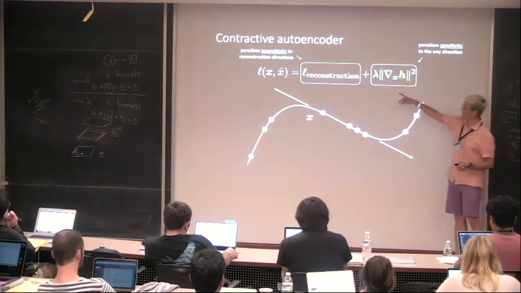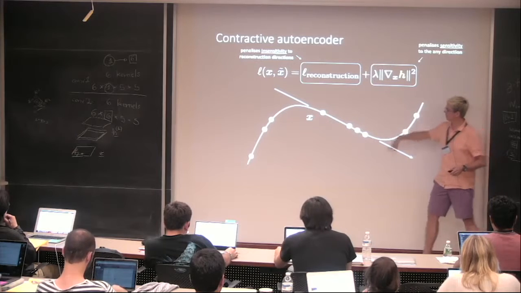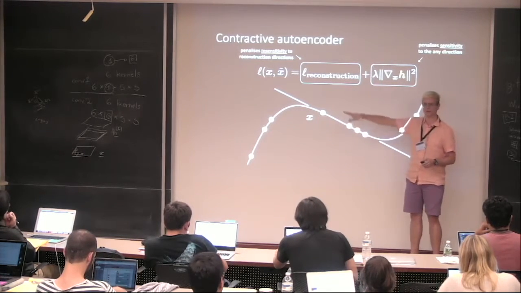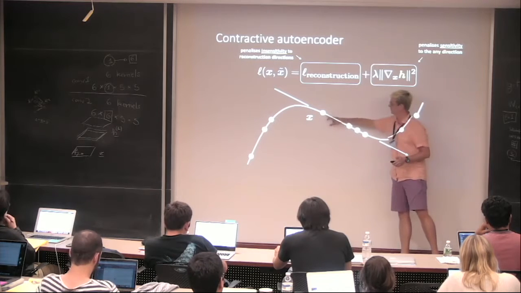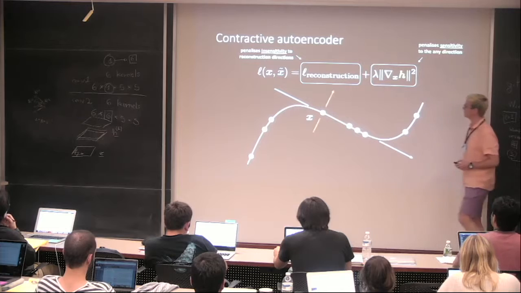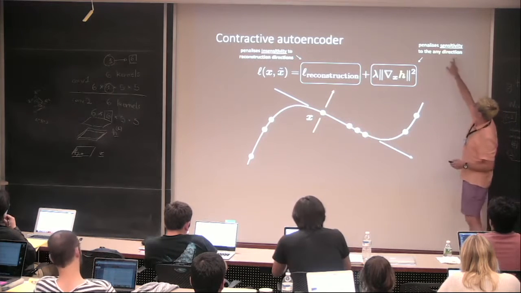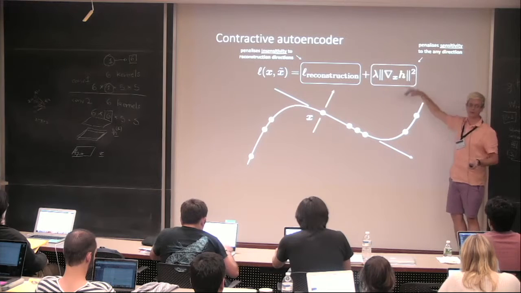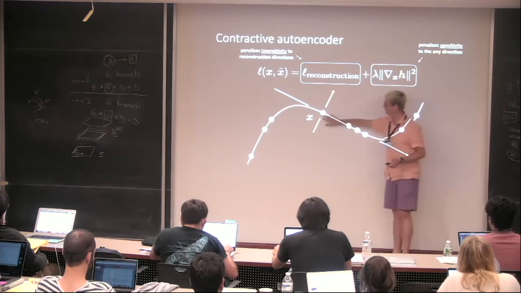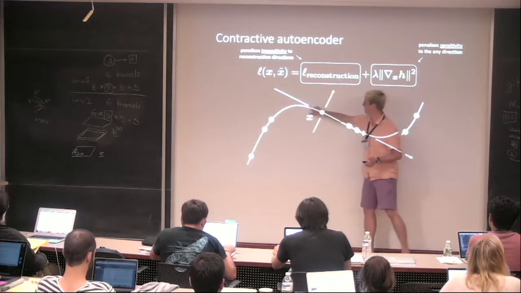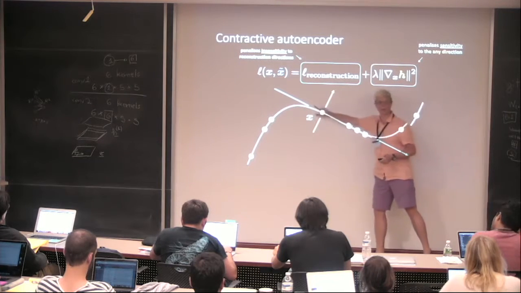So this guy penalizes the hidden representation if it is not sensitive to variation in this direction, which makes it respond to variation in this direction. But this other term penalizes sensitivity to any other direction. This one says, this guy shouldn't be able to move anywhere. But this one says, make it move towards this direction here.